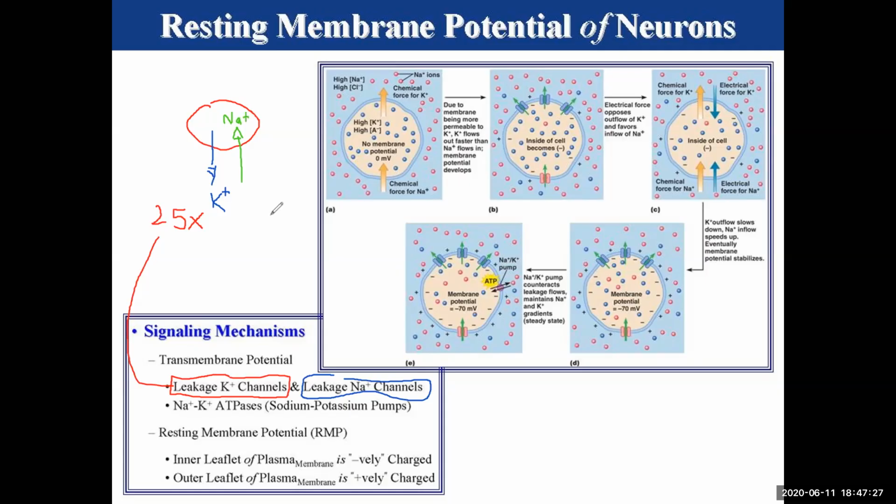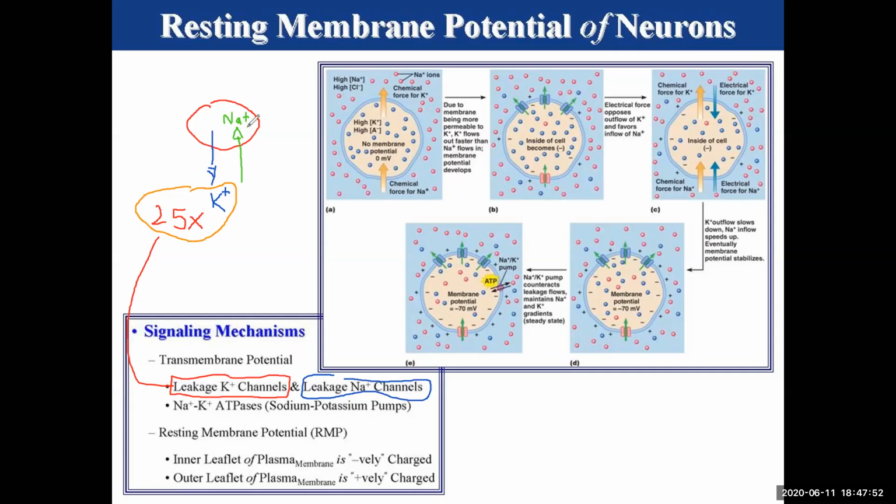The problem is you have much, much more potassium leaving. The cell is letting much, much more potassium leave than allowing sodium to come in.